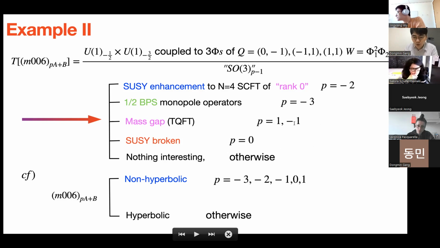In the P equal 1 and -1 cases, there is a mass gap, and it flows to a unitary topological theory. In the P equal 0 case, SUSY is spontaneously broken, and in the other cases nothing interesting happened; it just becomes some SCFTs. And this is also a very nice agreement with the mathematical fact that for these M006 filling cases this is non-hyperbolic, and in other cases it is hyperbolic.